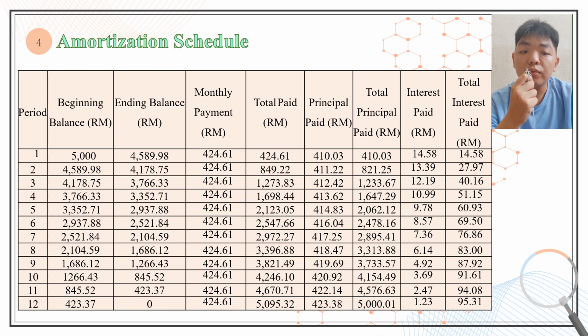The total interest is accumulated interest paid. Principal paid with formula principal paid equal monthly payment minus interest paid. Total principal paid, which is accumulated principal paid. Ending balance, which is formula ending balance equal beginning balance minus principal paid. Beginning balance equal loan minus down payment.